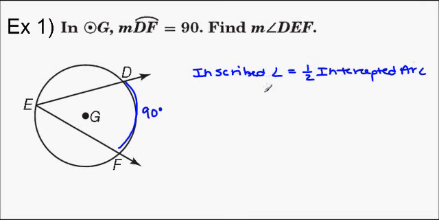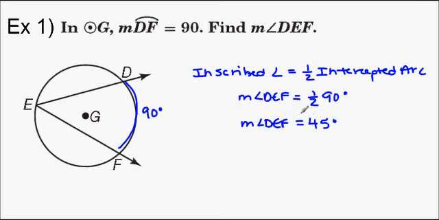So therefore, the measure of angle DEF is half of the 90 degrees. Half of 90 is 45. So this is 45 degrees.